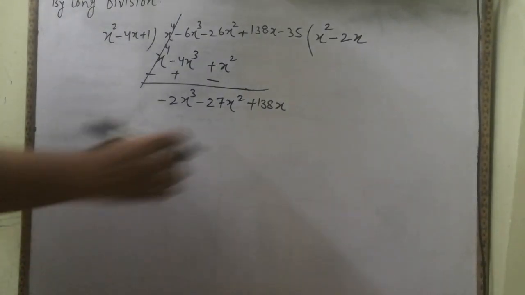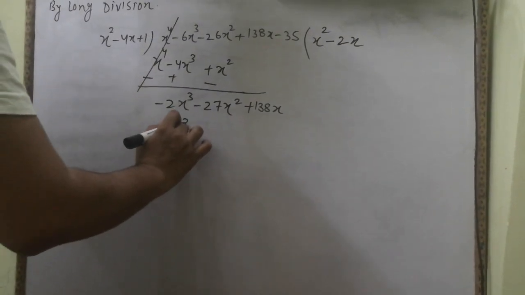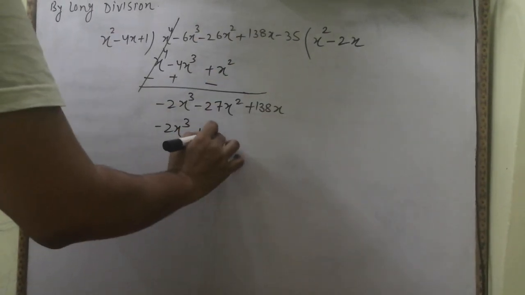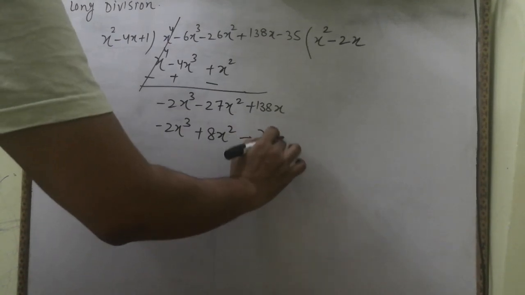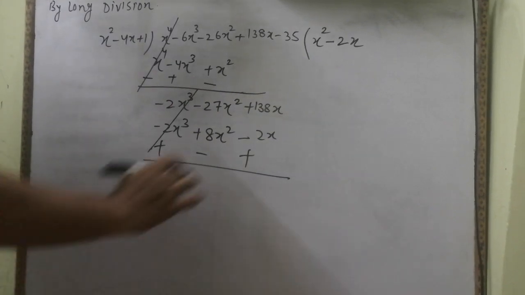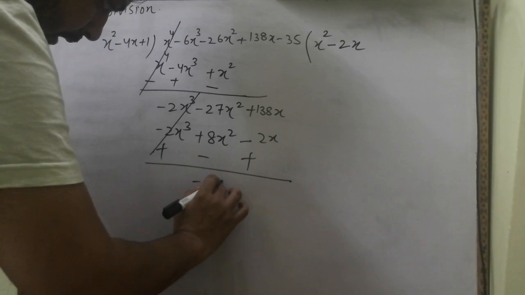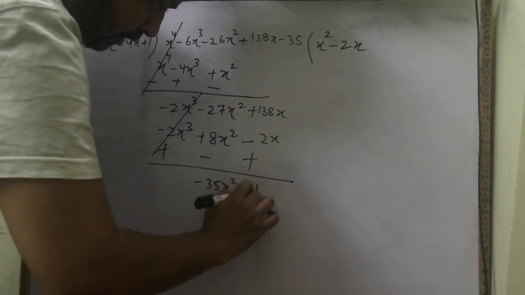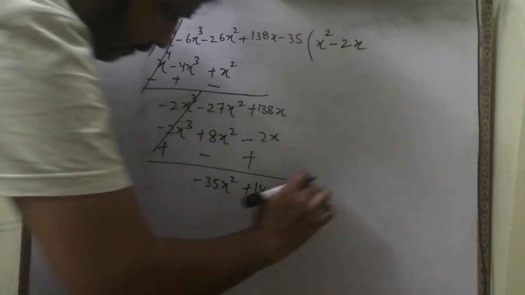We will write 2x. Now multiply this: minus 2x cube, minus plus 4x square... plus minus 2x into 1 is 2x. Change the sign, plus minus plus, cancel out. Then minus 27 minus 8 is minus 35x square. 138x plus 2x is 140x, and then the last term minus 35.